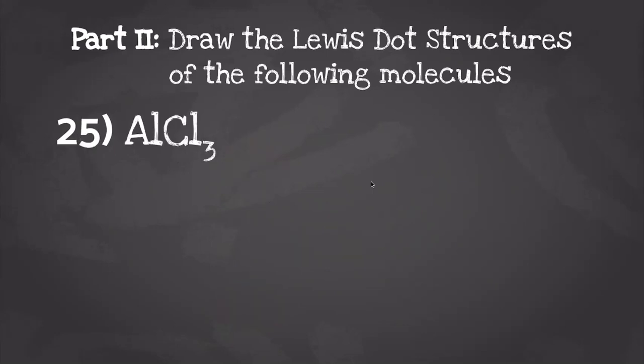For these next few, they're all going to violate the octet rule. Our first one is aluminum chloride. Aluminum only has 3 valence electrons, and each chlorine has 7.